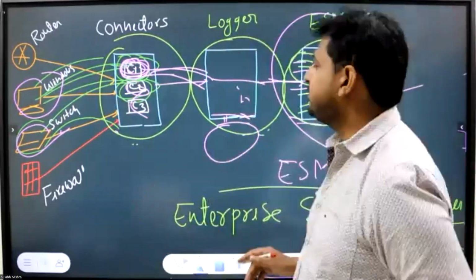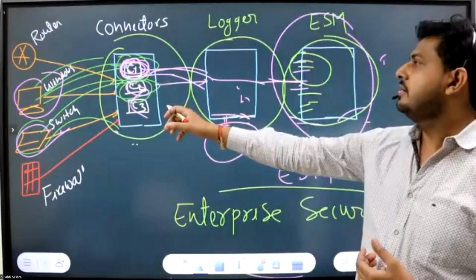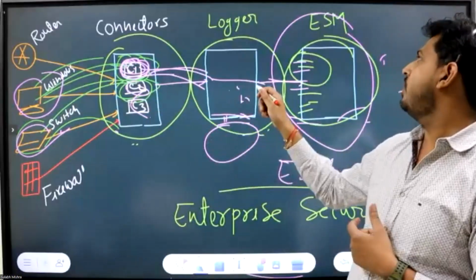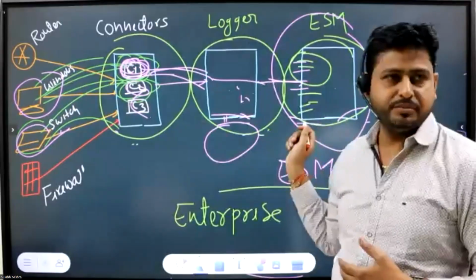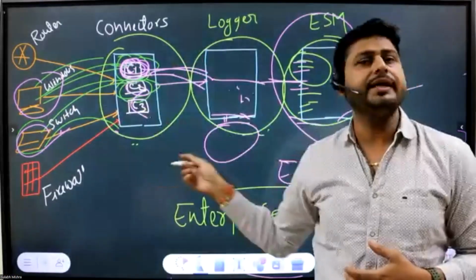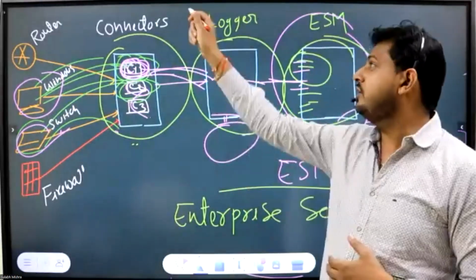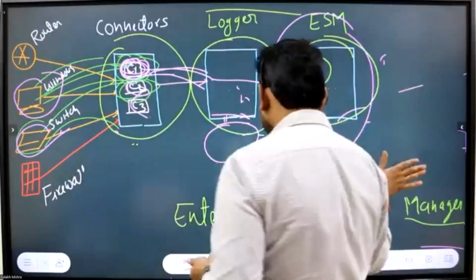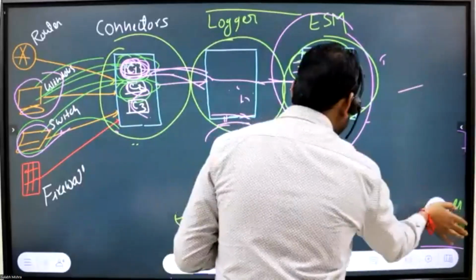Understand? So as per this architecture, your connector collects the log and forwards it to the logger, and the logger forwards the log further to the ESM. That's the reason we call this the linear architecture of Arcsight. If you want, you can write on the top: this is the linear architecture of Arcsight.